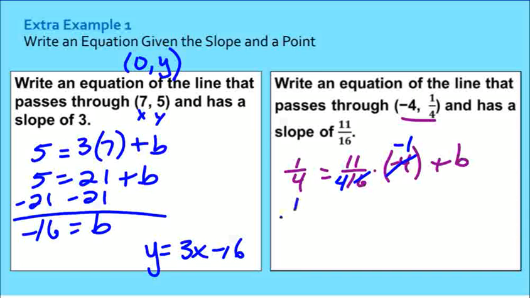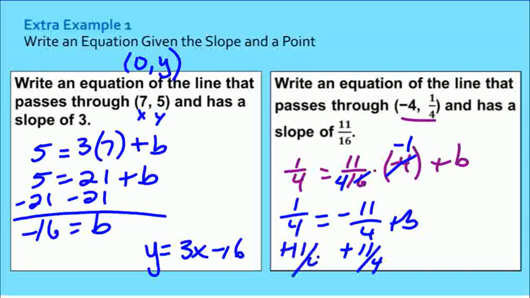So now I have 1/4 equaling a -11/4 plus b. If I subtract or add 11/4, I now have b equaling 1/4 plus 11/4 is 12/4. 12/4 is the same as 3. So my equation would be y equals 11/16 x plus 3.